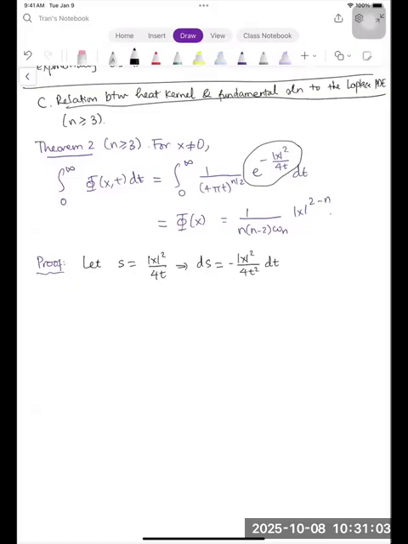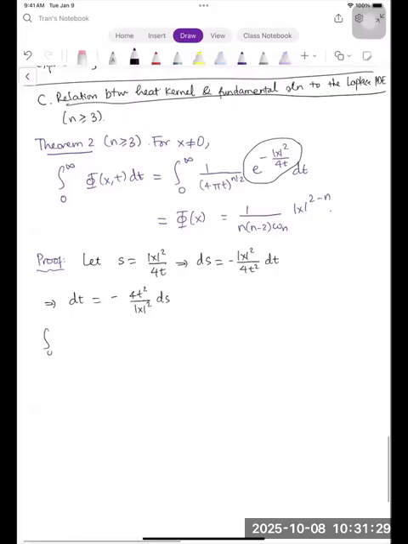So that means I should have dt equal to minus 4t squared over x squared ds. That's what I have. Let's plug it in.